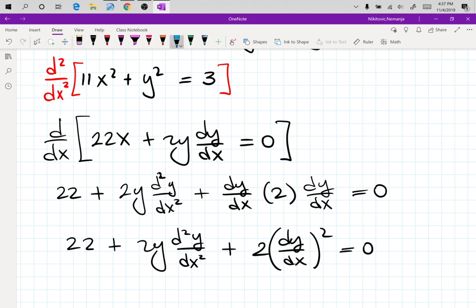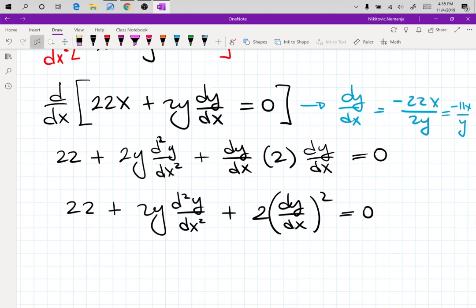So here we are going to say that dy dx is equal to negative 22x over 2y. When you move 22x to the other side, and divide by 2y, dy dx stays alone, right? So that's what we got from there, and we can reduce this to negative 11x over y.